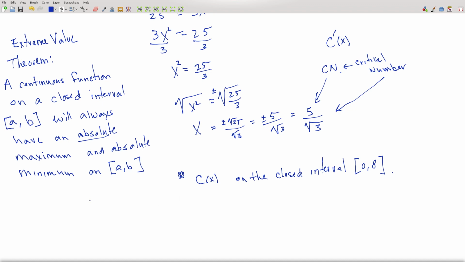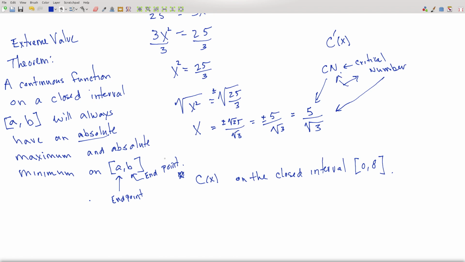A is called an endpoint, and B is also called an endpoint. And over here we found these critical numbers, right? So we have endpoints and critical numbers.